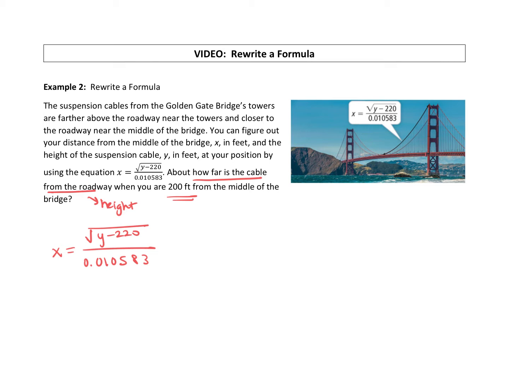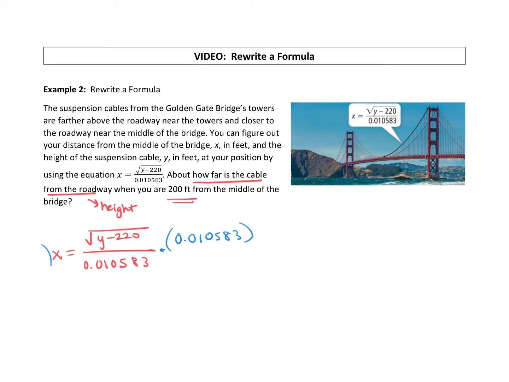So to solve this equation for y, we are going to undo this divided by the decimal. The opposite of dividing by that decimal is to multiply by 0.010583. We're going to multiply that on both sides.